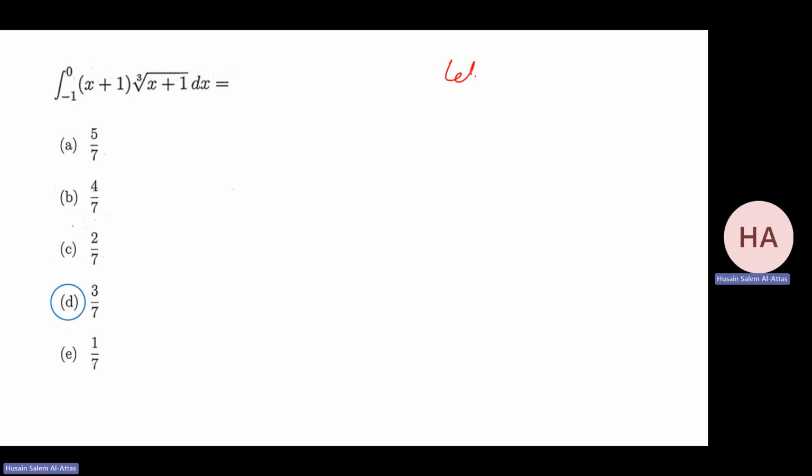This one, yeah, you know what? Let me let u equal x plus 1. So du will be dx. So that integral will be, if u equals x plus 1, u to the power 1 over 3 du.